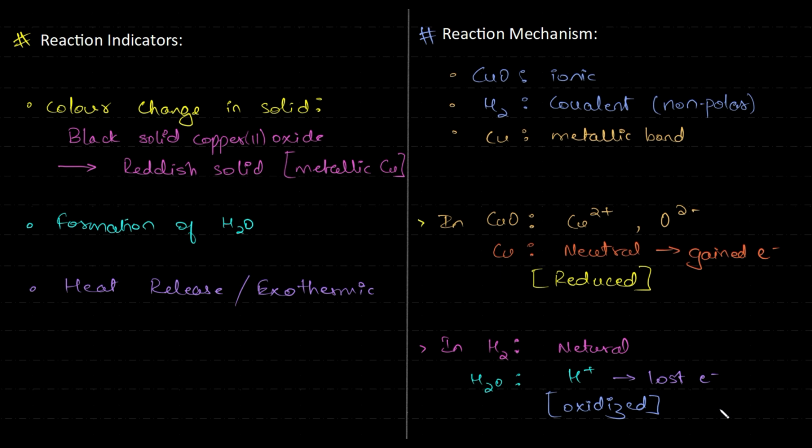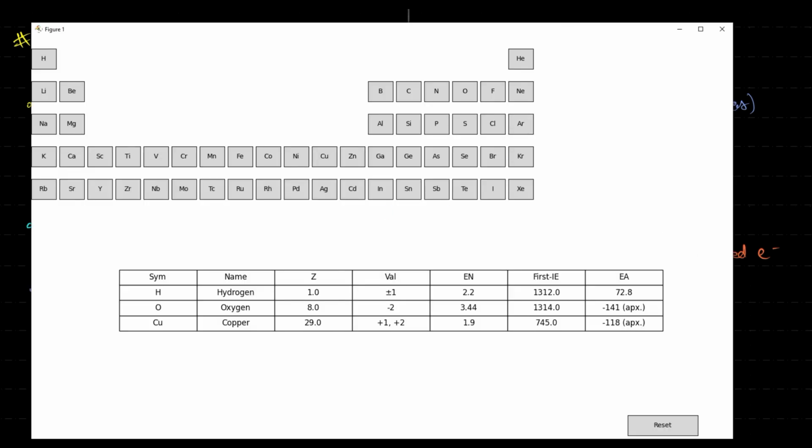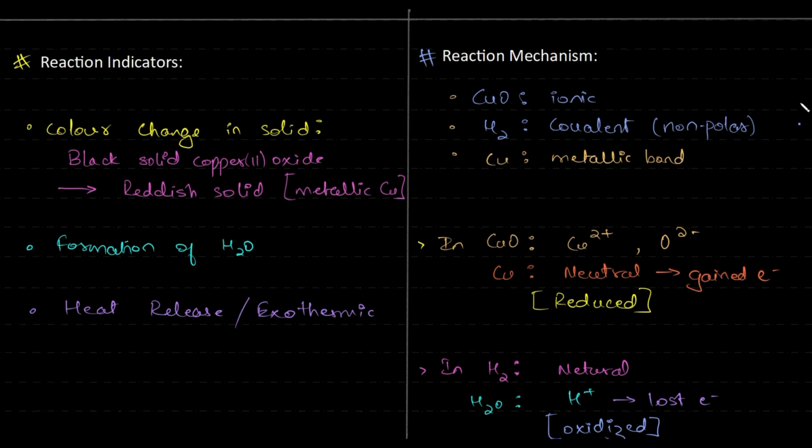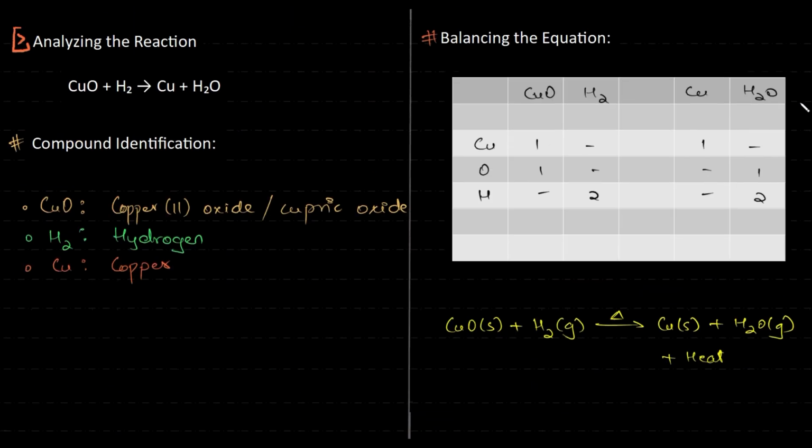Does it make sense? So this is getting reduced while this is getting oxidized. So you can see that they are happening simultaneously. Again, understand it with all of this. As and when you learn small things every single day, it adds up and you will start understanding as a whole. Okay, yes. So that's an example of your redox reaction.